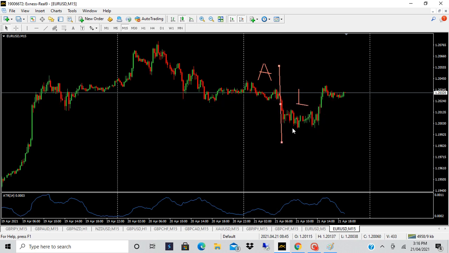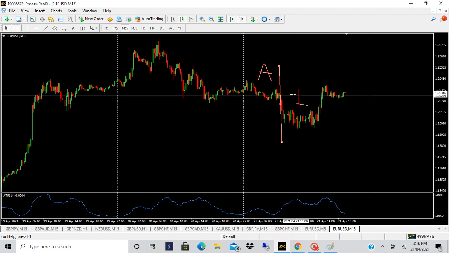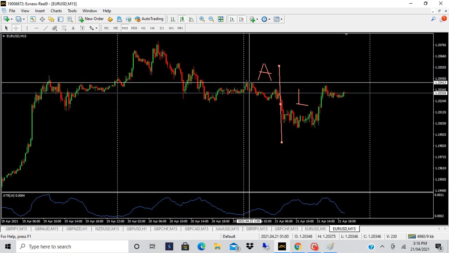So I know London takes out Asia and it's done. I would take my cross and measure the ATR to see if it exceeded the day already. So between Asia and London, I had an estimated value of 426, which is equal to 42 point some pips. Let's round it off, 42 pips, right?